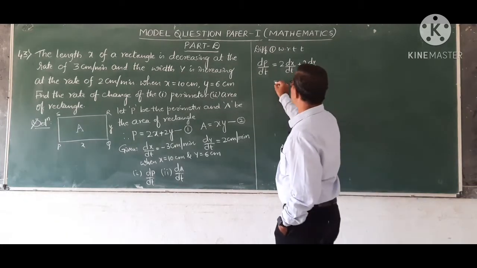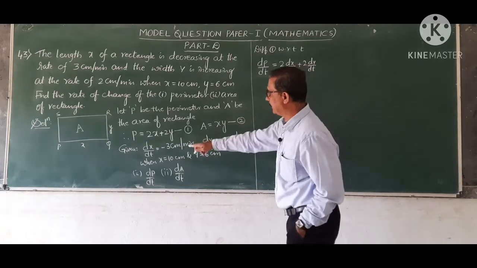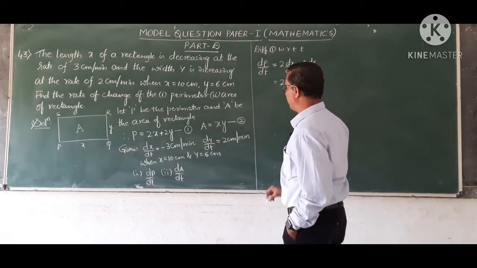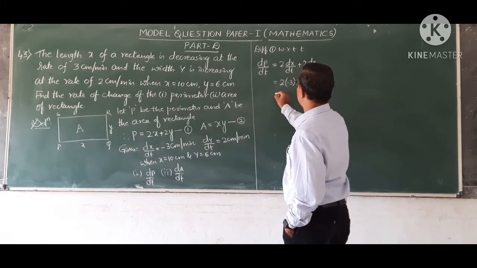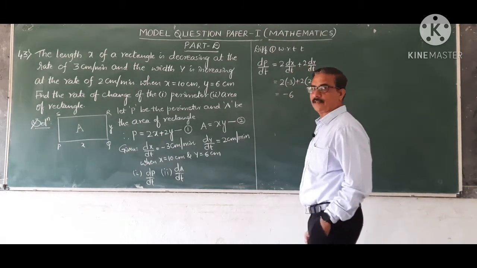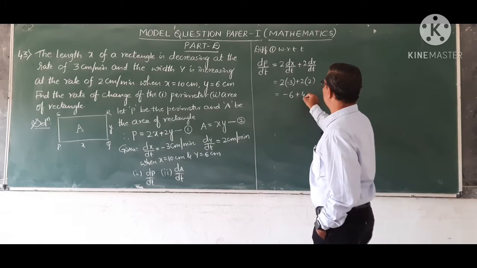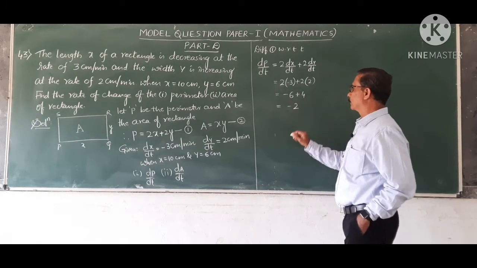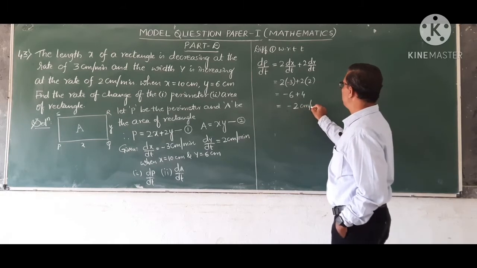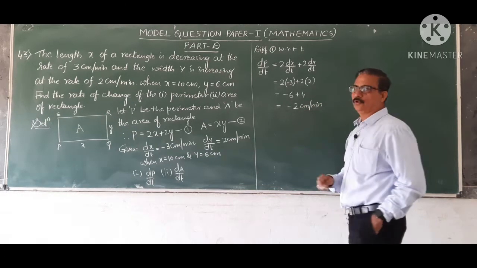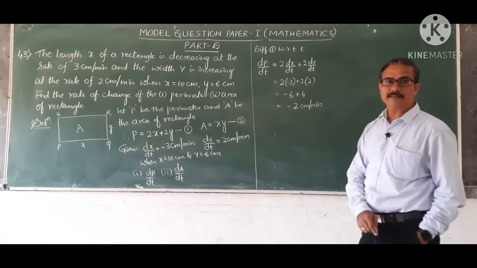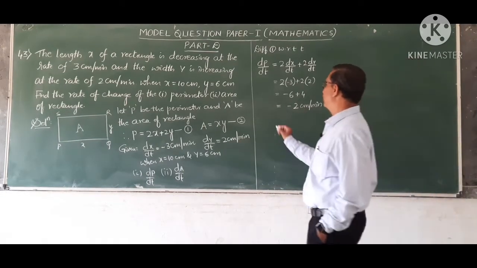Substituting the values, 2 into minus 3 plus 2 into 2, that is minus 6 plus 4, which is minus 2 centimeter per minute. So the rate of change of perimeter of the rectangle is minus 2 centimeter per minute.